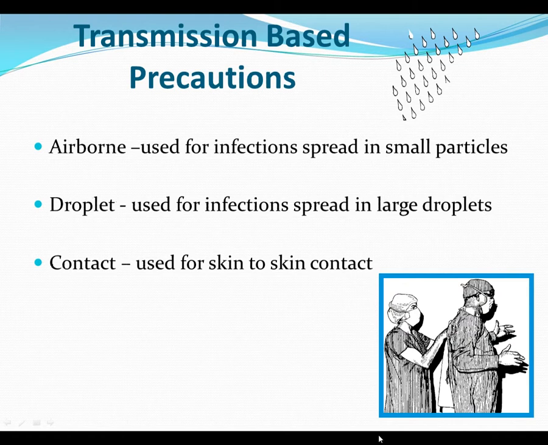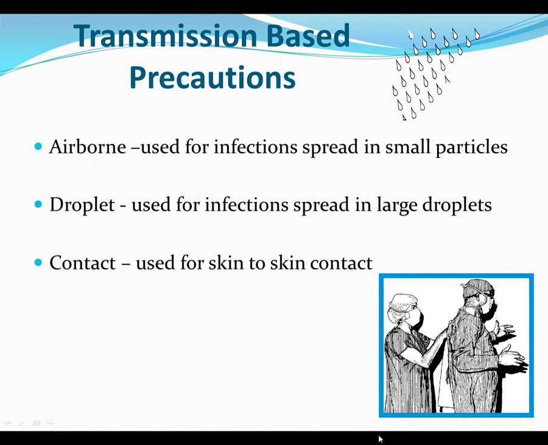Now, transmission-based precautions are those tier 2 precautions that I talked about, and these are precautions that are applied whenever a patient is infected with a pathogenic organism or a communicable disease. Transmission-based precautions must be applied when a patient is at risk of becoming infected, such as those who are immunosuppressed. You want to always check the posters on the patient's doors to see if they're on any kind of precautions.